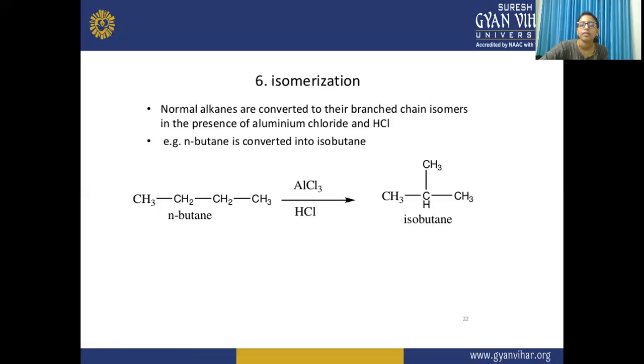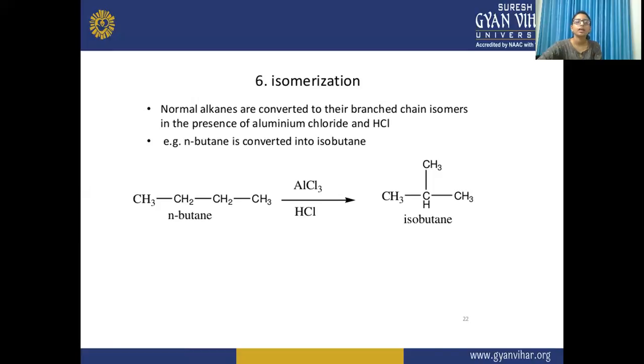So here they are having different structures, and this reaction is occurring in normal alkanes, which are converting into the branched chain isomers in the presence of aluminum chloride. Aluminum chloride is acting as a catalyst here, and with the help of HCl, this is converting into isobutane.